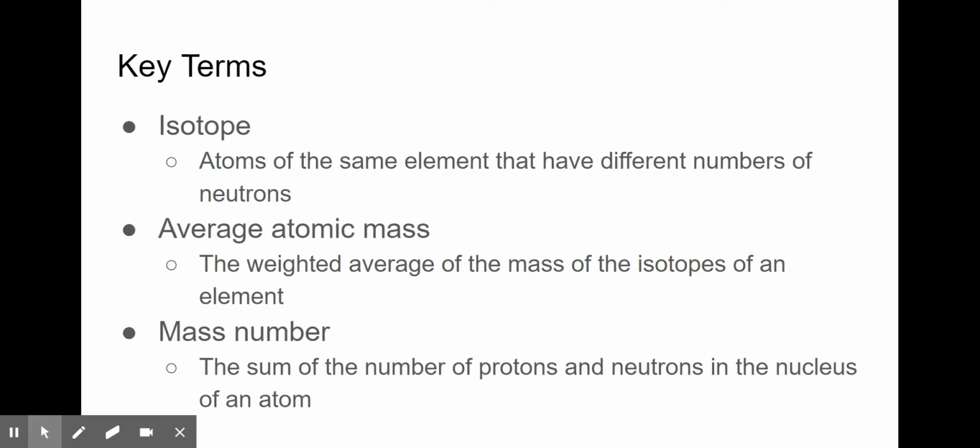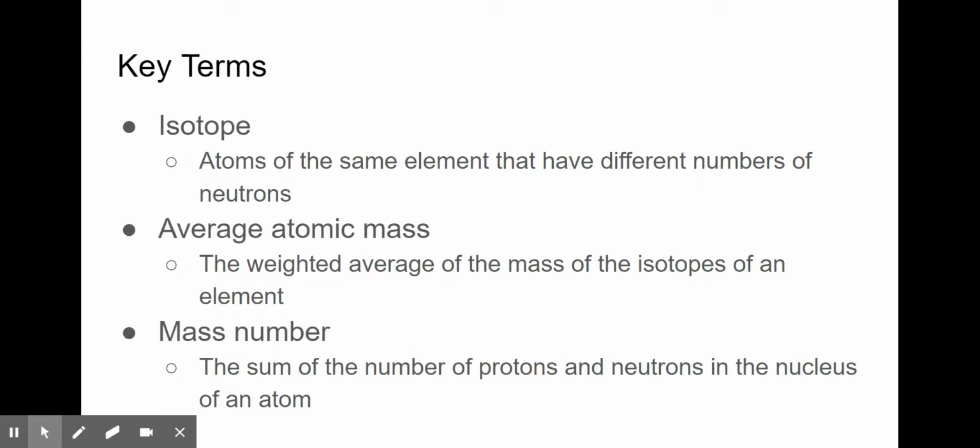And I briefly talked about this when we started to learn in lesson 12, the difference between a mass number and an average atomic mass. We said, hey, we have an atomic number, and that is a whole number on the periodic table. And then we have that decimal number, which is the average atomic mass. The reason why the mass is not a whole number is because we have one or more variations of the atom of that element.